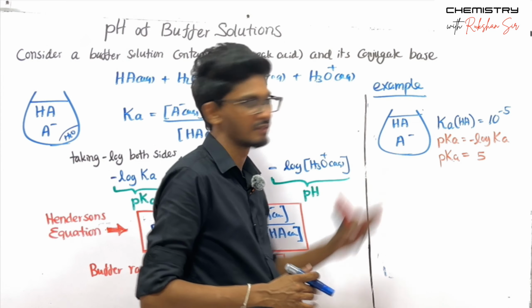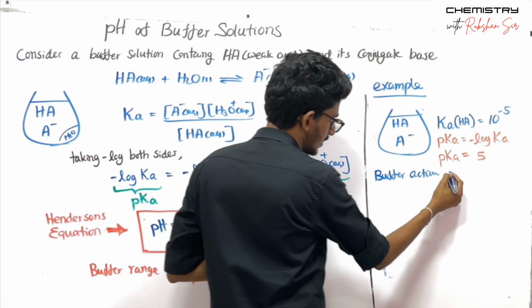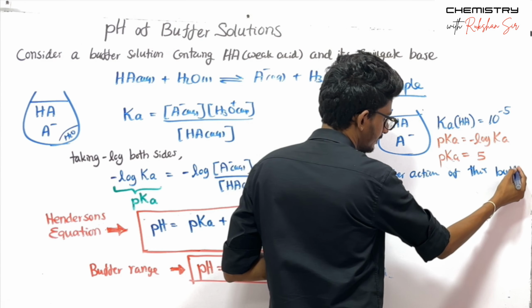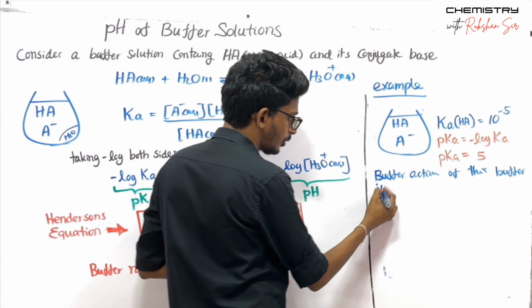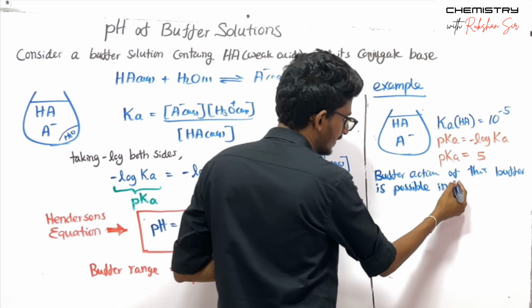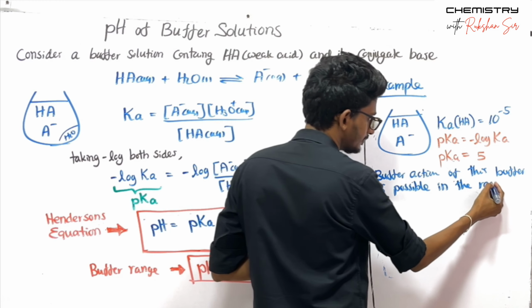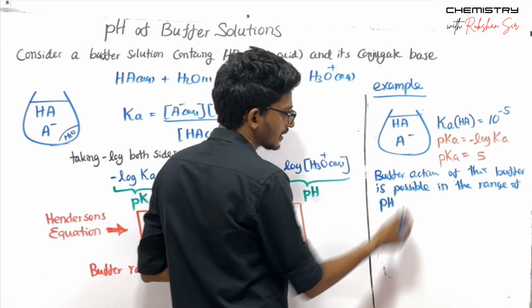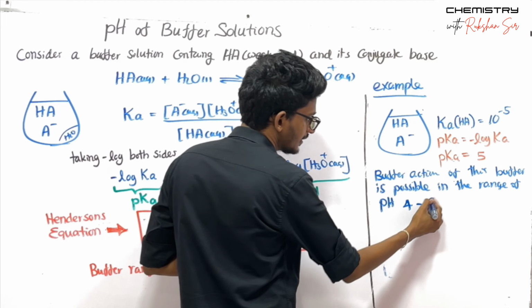Buffer action of this buffer is possible in the range of pH 4 to 6.